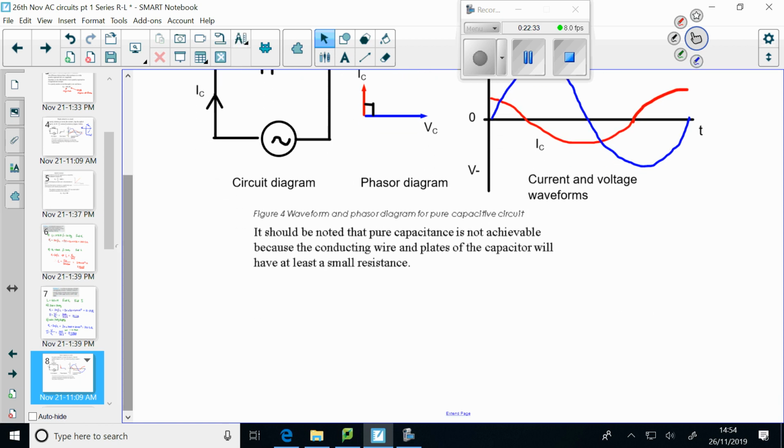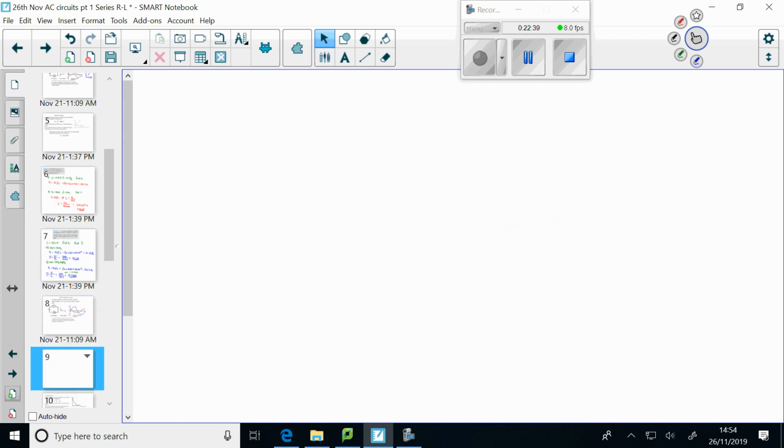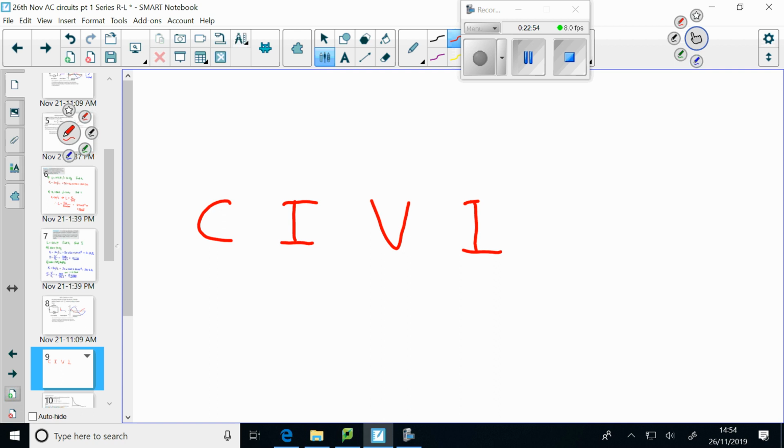Okay. I'm going to add a slide here and help you with a way of remembering whether currents and voltages lead or lag each other.